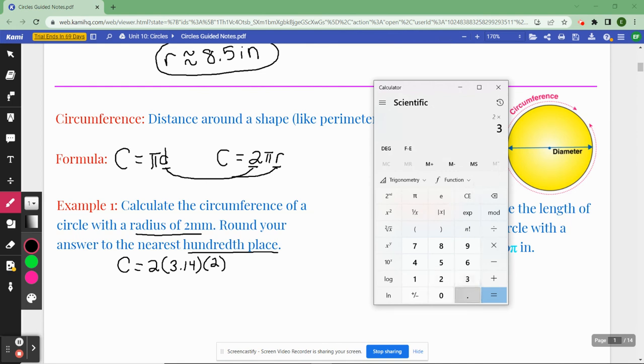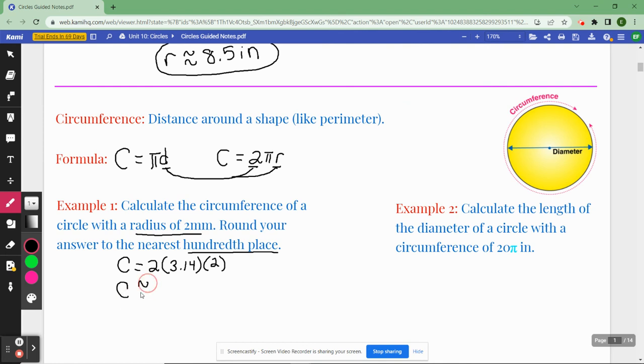So 2 times 3.14 multiplied by 2 equals about 12.56. So circumference is approximately 12.56 millimeters.